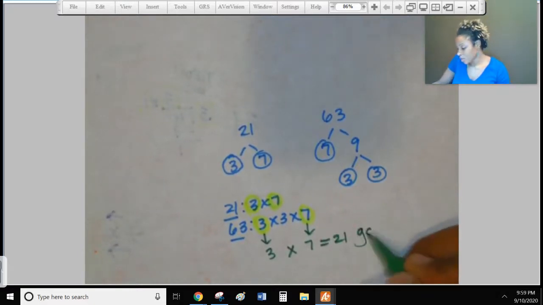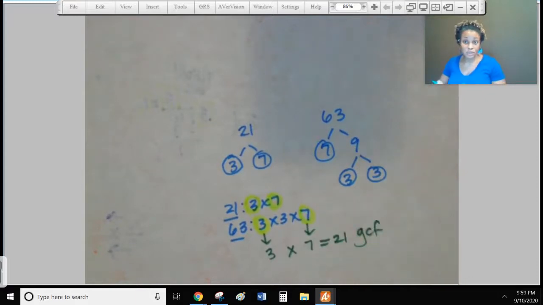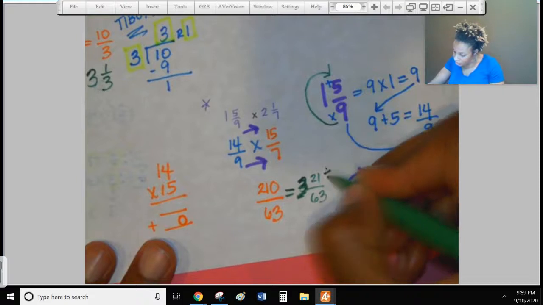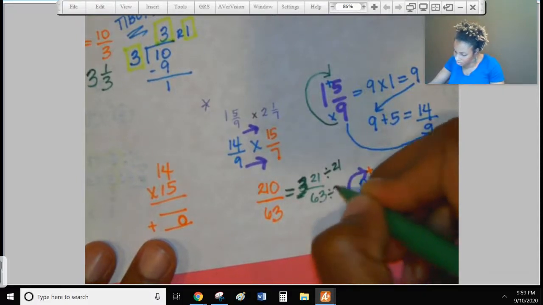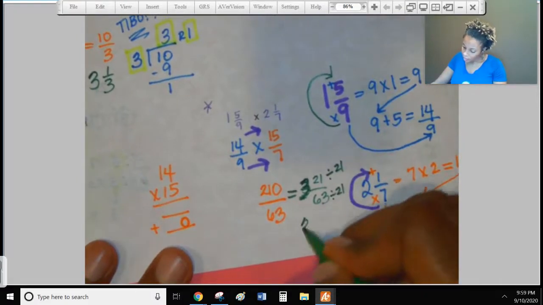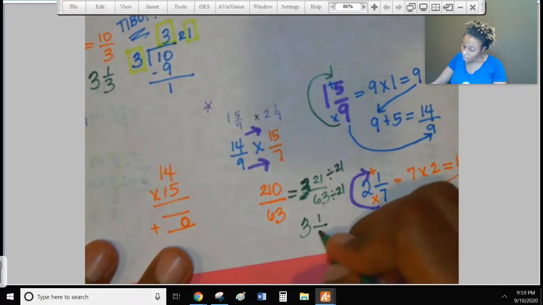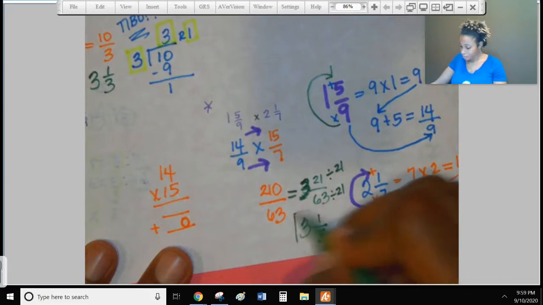So the greatest common factor of 21 and 63 is 21. Take a second. All right, flip my paper over. So I'm going to divide this by 21 and divide this by 21. I end up with 3 and 1/3 is my final answer.